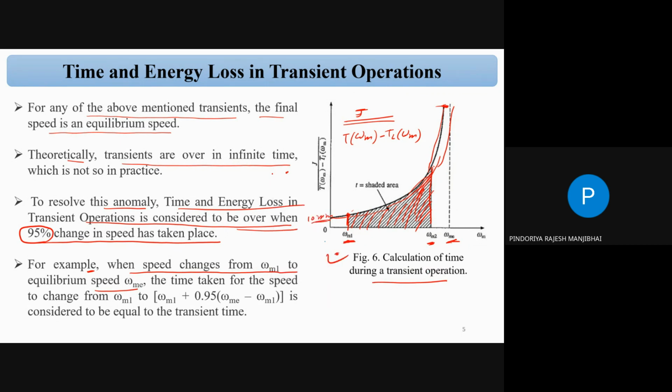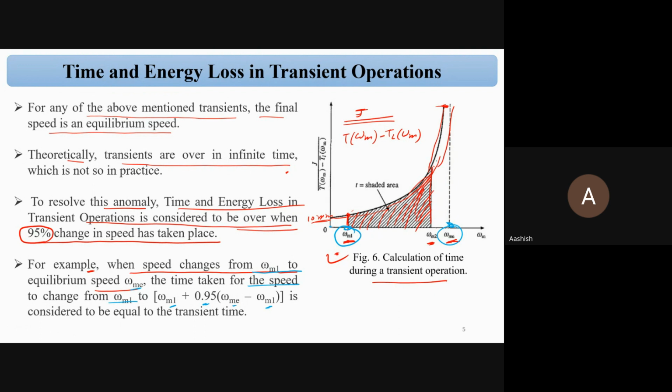From omega m1 to omega me, we take the time for the speed to change from omega m1 to omega m1 plus 0.95 times (omega me minus omega m1). This is simple mathematics, correct? So we have to calculate the time period from this time to this time. This is a simple time period calculation, correct?